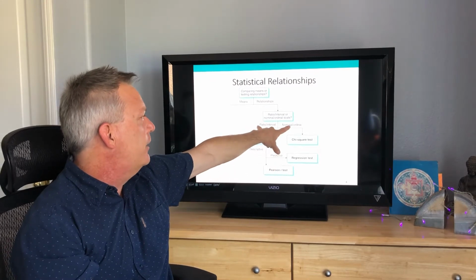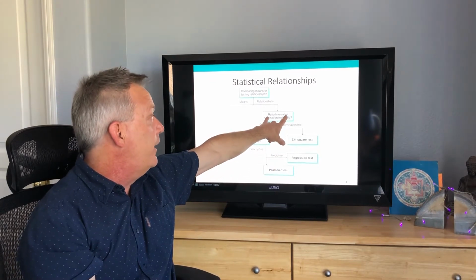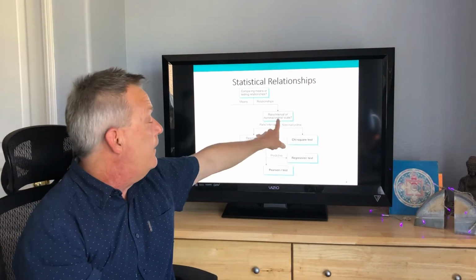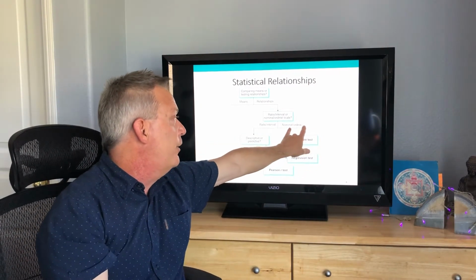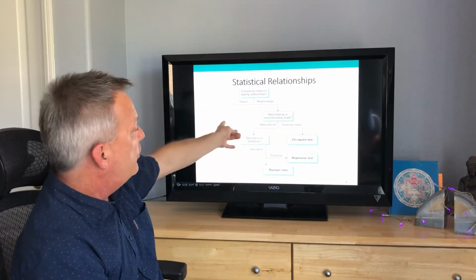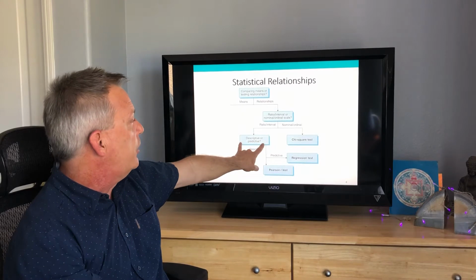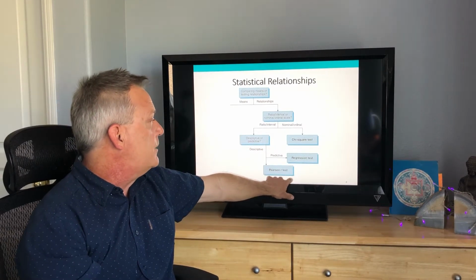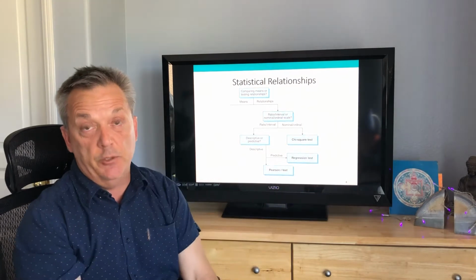And the first thing that you'll take a look at is whether you are using a ratio, interval, or a nominal, ordinal scale. In the next chapter, we're going to go over what to use if you use a nominal, ordinal scale, which is a chi-square test. But this chapter reviewed the descriptive test that you'll use, which is the Pearson R test, and the predictive test, which is the linear regression test.